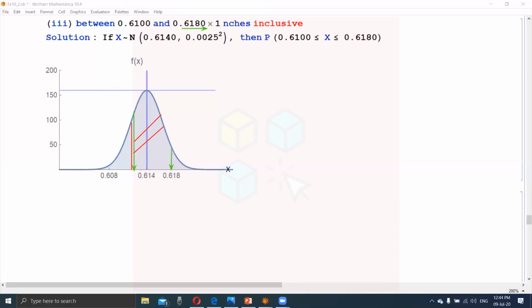So we will shade our area from red line to red line, which will increase the total shaded area which was previously colored.